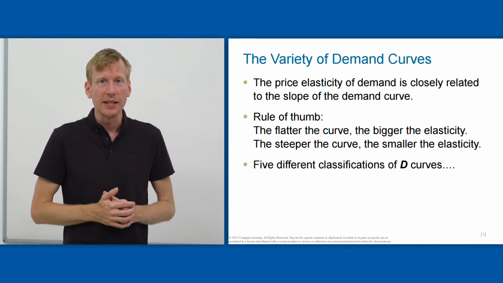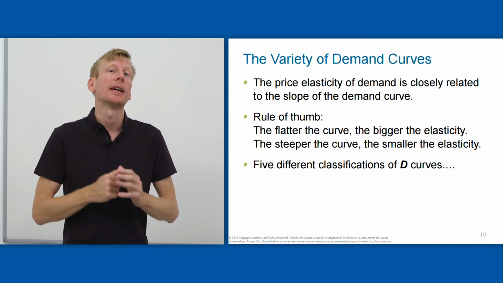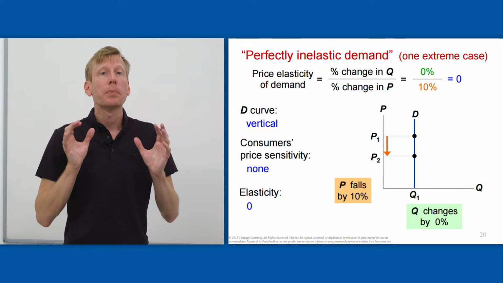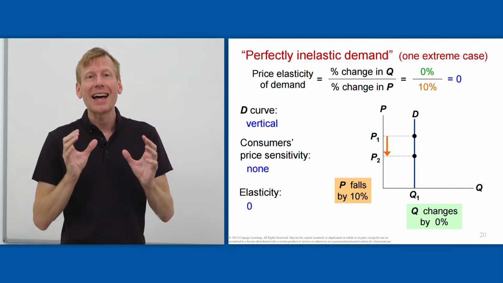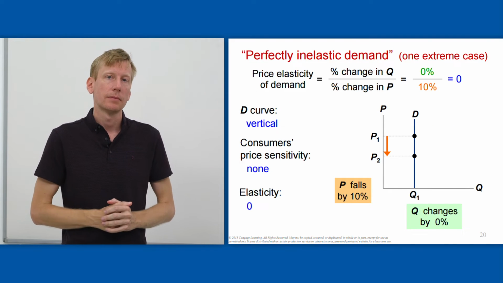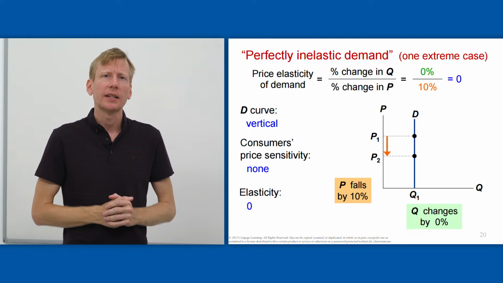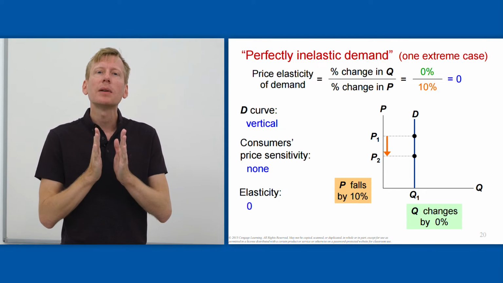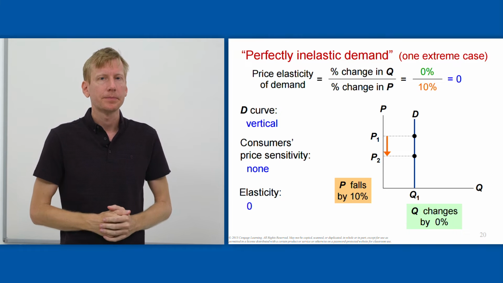Now, the first of these is an extreme case. The first of these is what we call perfectly inelastic demand. Now, what does perfectly inelastic demand look like as we draw our demand curve? It's simply a vertical line.